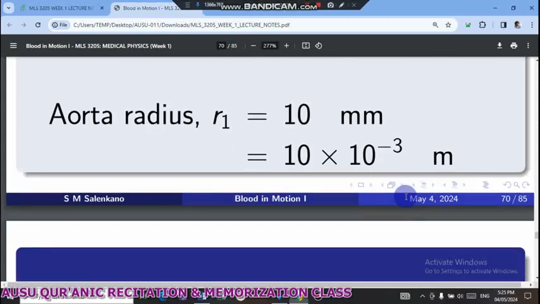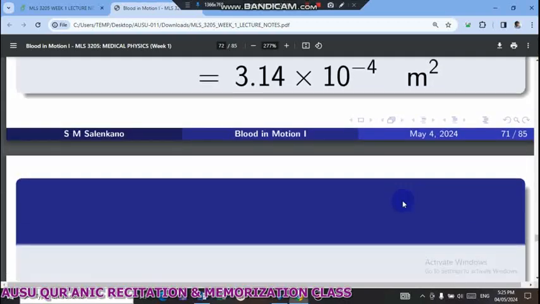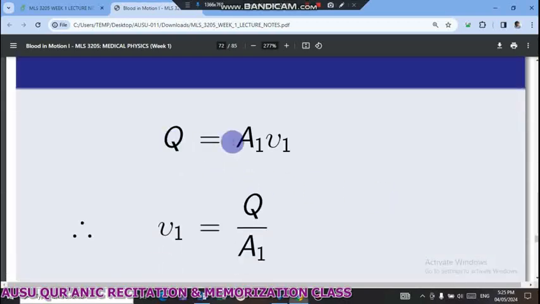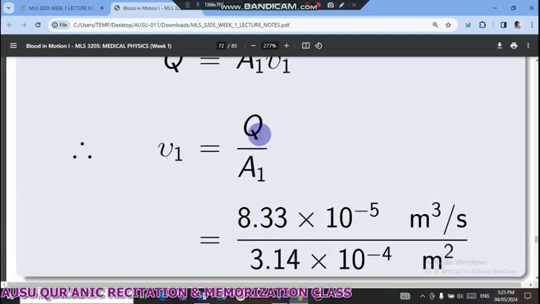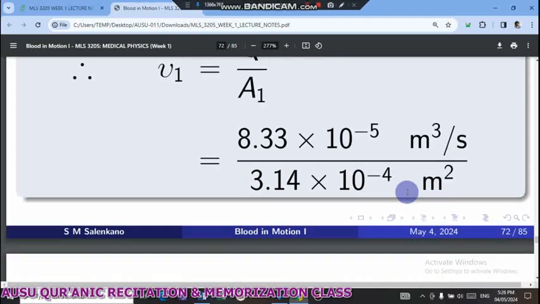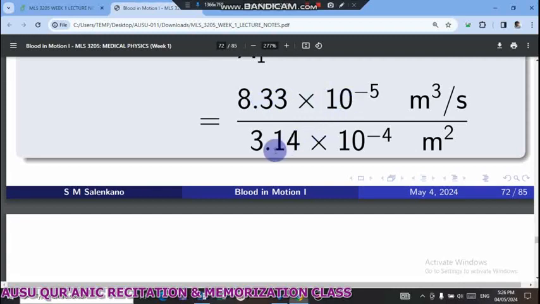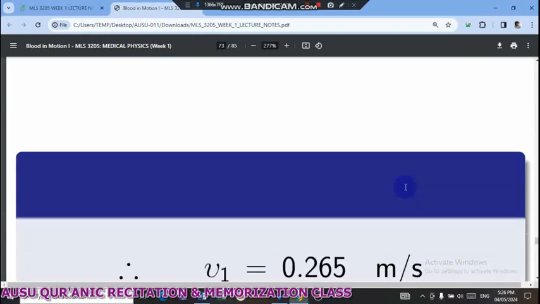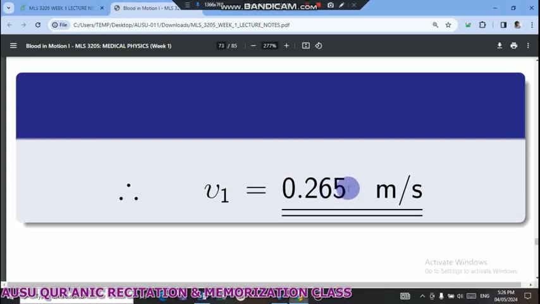Now I can get my V, velocity or speed in the aorta. So Q is equal to A1 V1. I want to get V, so I will divide Q by A1. So V1 equals Q upon A1. I got my Q from above, and I got my A1 from above. If I take my calculator and divide this one by this one, it gives me 0.265.